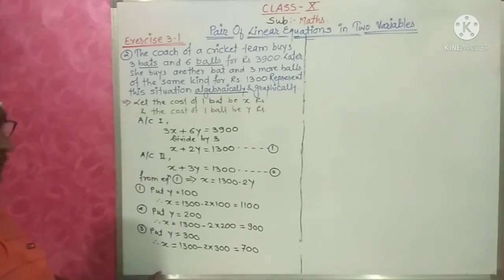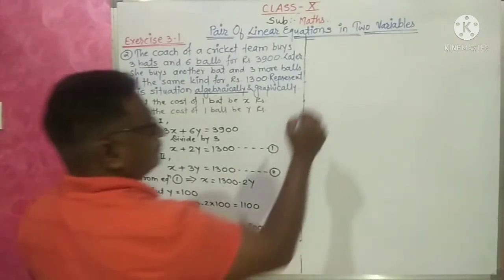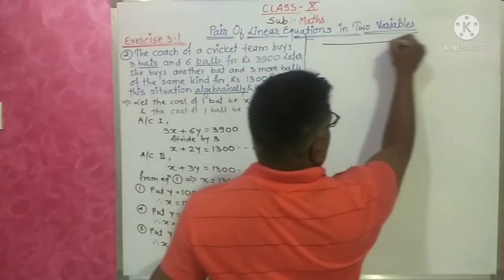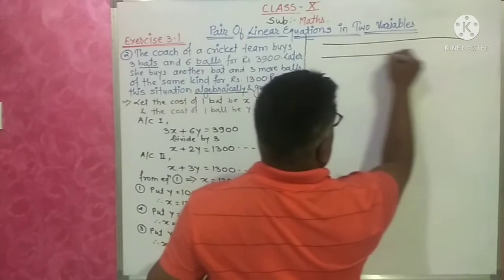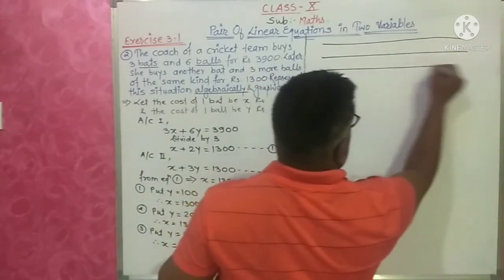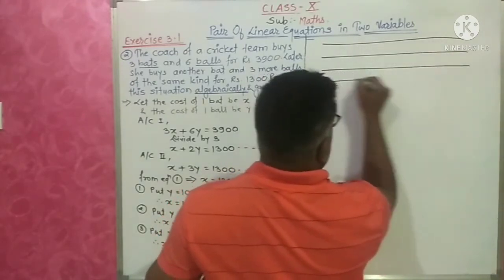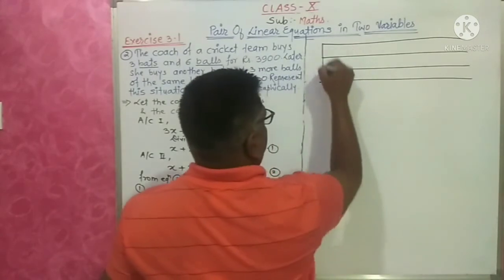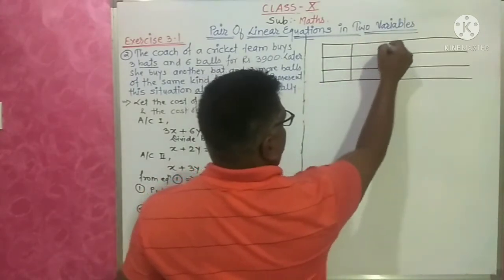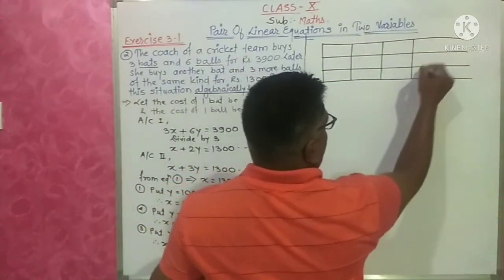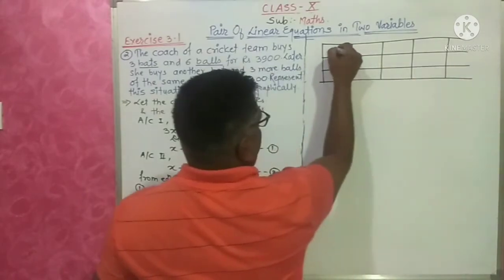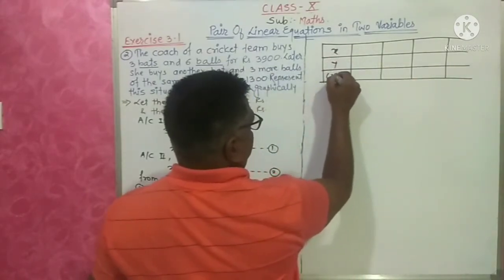So we got the solutions for the first equation. Make the table: x comma y.